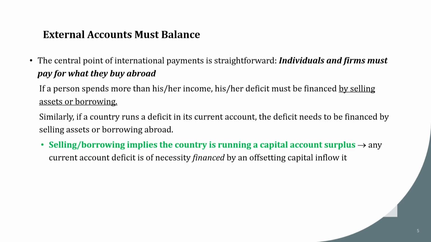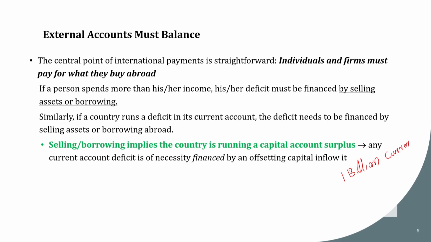So in short, the selling or borrowing implies the country is running a capital account surplus. Any current account deficit is of necessity financed by an offsetting capital inflow. Suppose, just to take a simple example, a country has 1 billion of current account deficit.